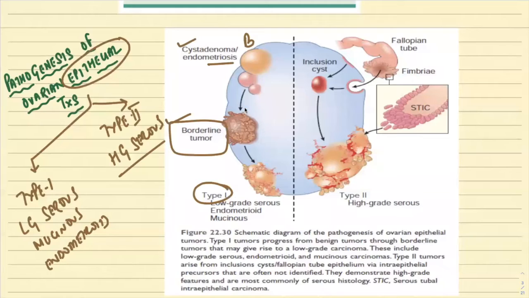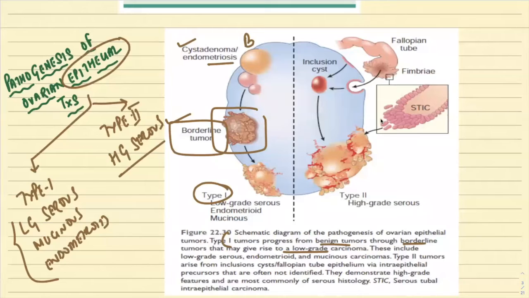They will first come as a borderline tumor and then convert into this. They are not going to convert directly. And the origin is basically from the ovaries only. That is the type 1 tumor. So type 1 tumors progress from benign tumors through the borderline stage, and then you have the low grade tumors. These include, as I have said, the low grade serous, mucinous, and endometrioid tumors of the ovary.